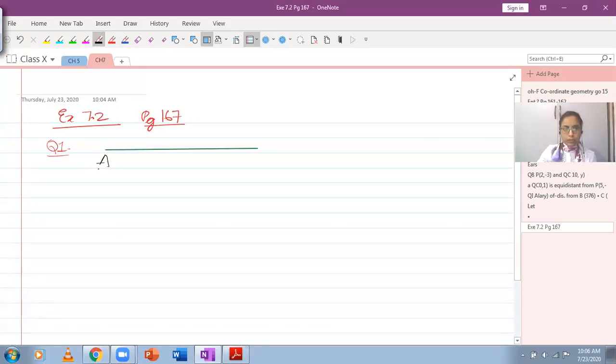So we have point A. The coordinates for this are -1, 7, and the coordinates for B are 4, -3, and there is a point P, and let us say its coordinates are X and Y. This is what we have to find out, the values of X and Y. The ratio in which the line segment is divided is 2:3.